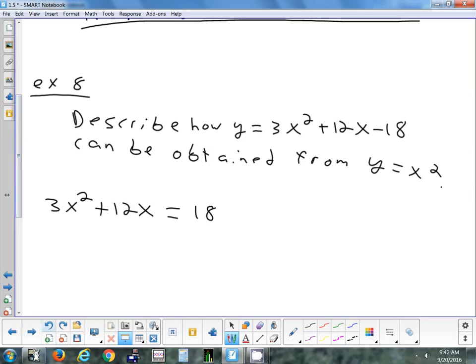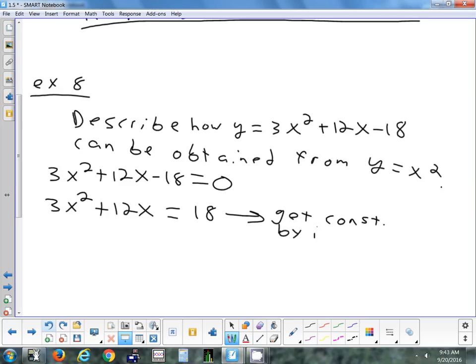Anytime you're solving a quadratic, remember we always set it equal to 0. So technically, this would be your first step. Set it equal to 0, which you don't even have to write. Step 2, add the 18 to the other side. So get constant by itself.